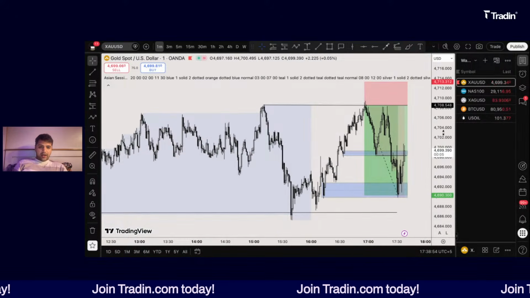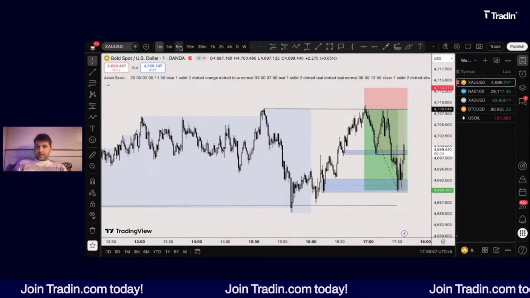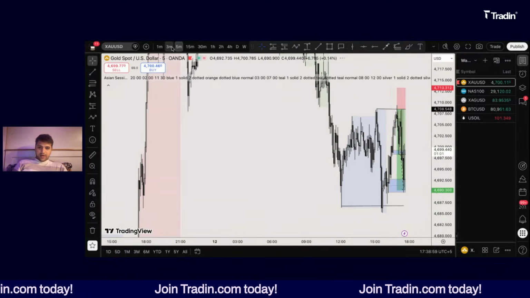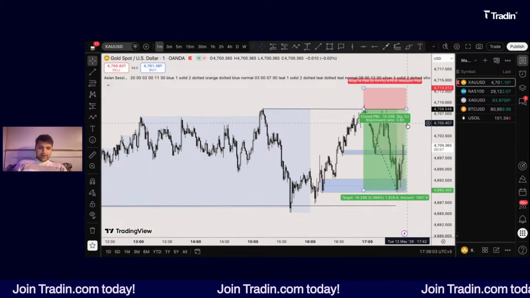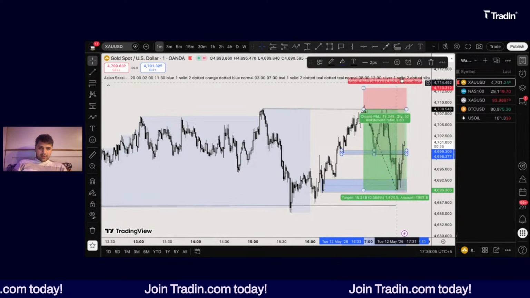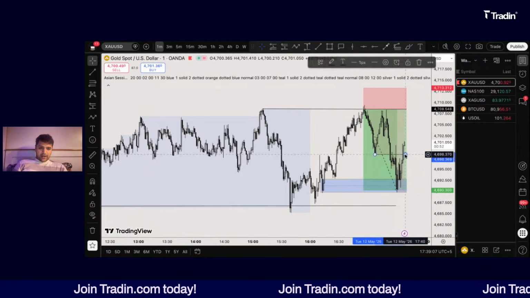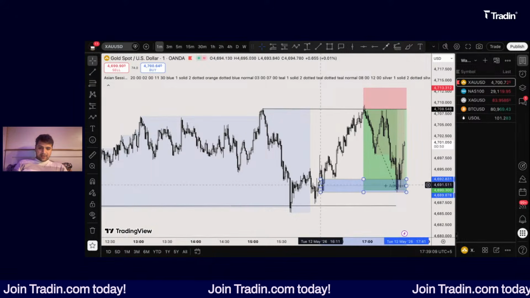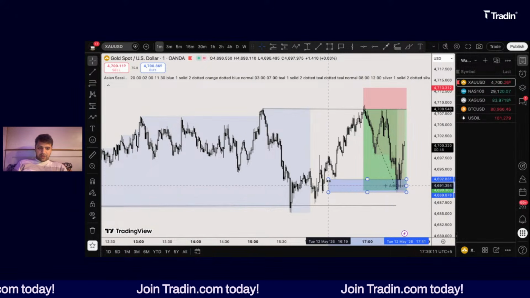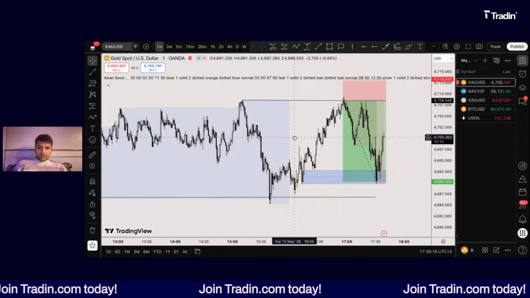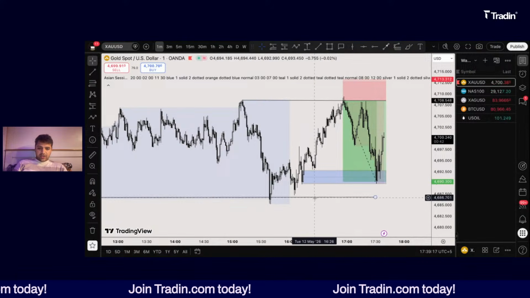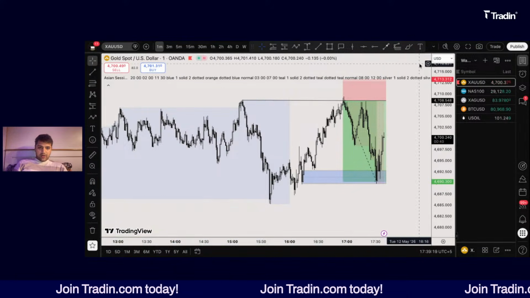And I'm already done for the day. I'm not looking at any other setup now. But for the sake of analysis, look at this low right here. Price action rejected this low, right? So you can say it's in a range.